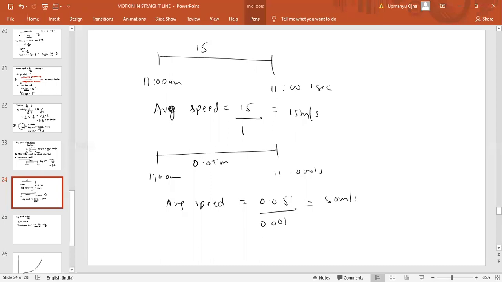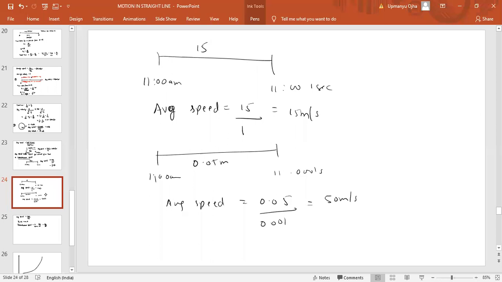So the speedometer gives us the instantaneous speed. Did you understand what is instantaneous speed?